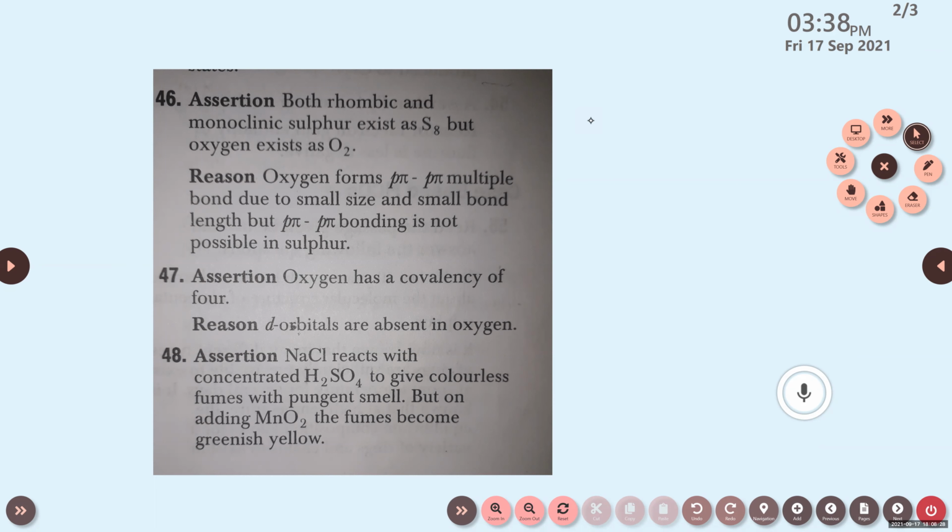Yes. So assertion: both rhombic and monoclinic sulfur exist as S8, but oxygen exists as O2. And the reason: oxygen forms p-pi multiple bond due to small size and small bond length, but p-pi bonding is not possible in sulfur. This is correct, children. Do you remember the common options A, B, C, and D that you already wrote the previous day?